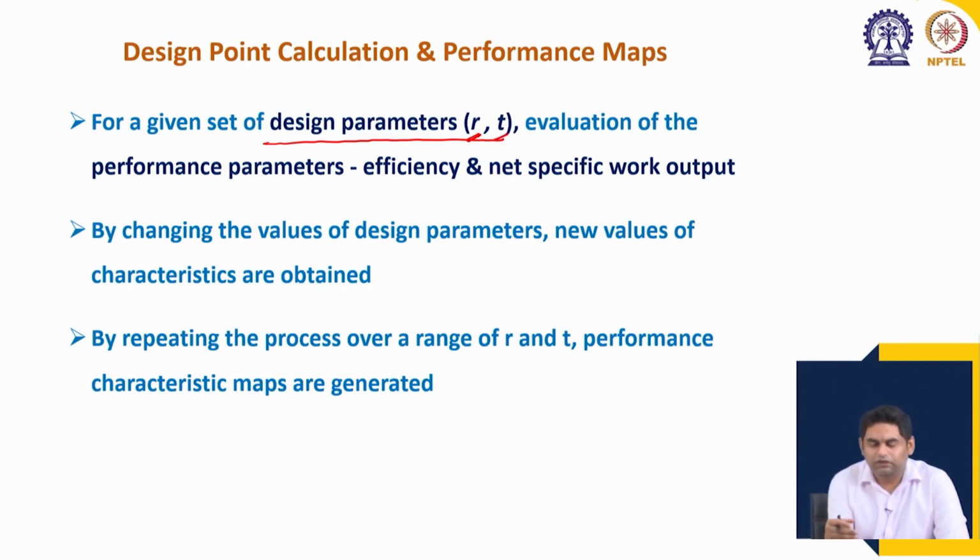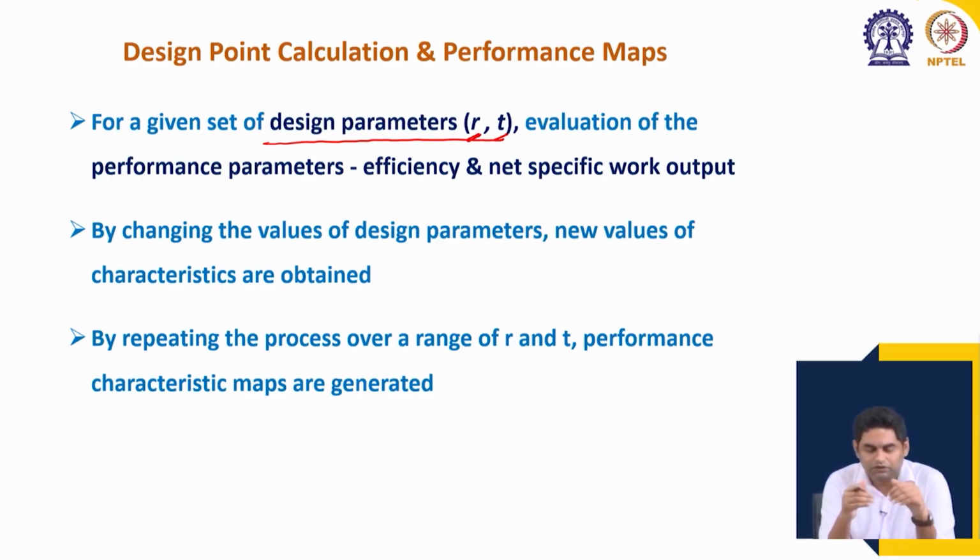It can also be represented in terms of the turbine inlet temperature. The turbine inlet temperature is the actual design parameter, which is the maximum temperature possible, but for given ambient conditions it is represented directly by the variable T, the temperature ratio.